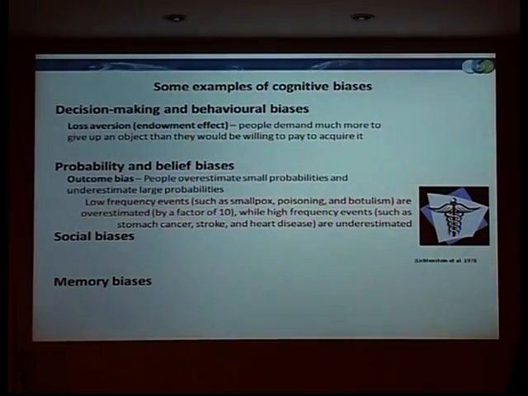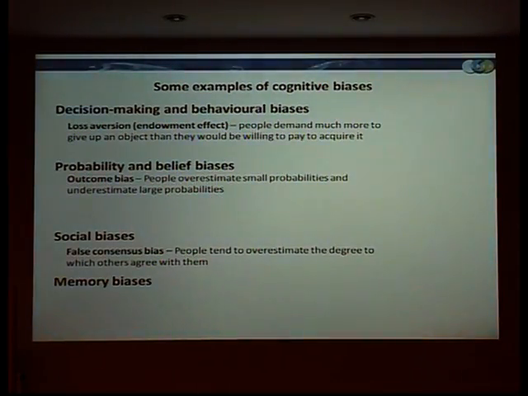As an example from health, low frequency events such as smallpox, poisoning and botulism are overestimated by a factor of 10 by people, and high frequency events like cancer and stroke are underestimated. This is a consistent outcome in terms of behaviour.